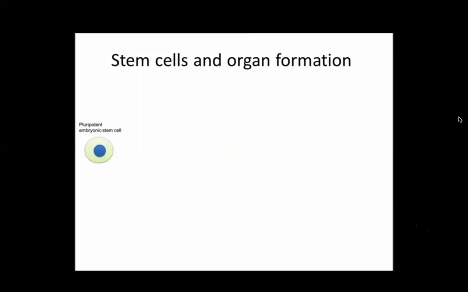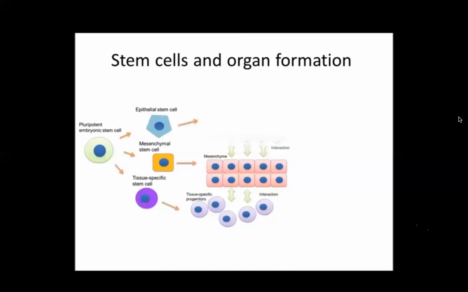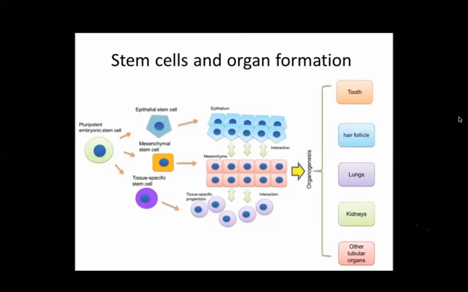The embryonic stem cell is a progenitor stem cell, and there are epithelial, mesenchymal, and other tissue-specific stem cells. Interaction among these cells and tissues regulates developmental processes, starting with the formation of highly specialized functional tissues and organs, such as tooth and hair follicle, mouth, teeth, and other tubular organs.